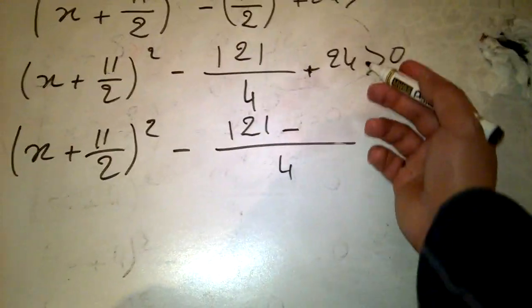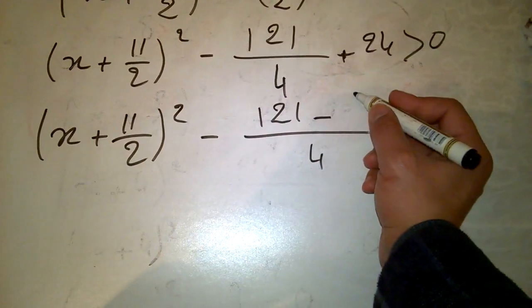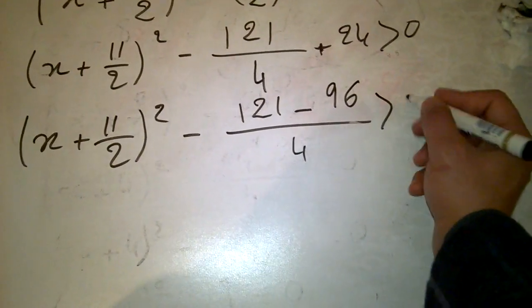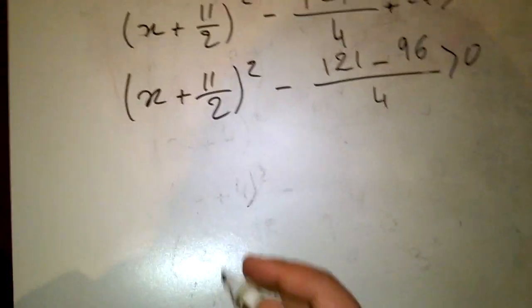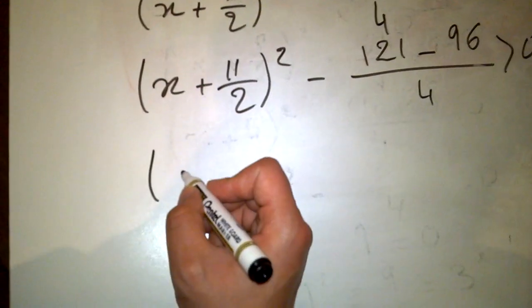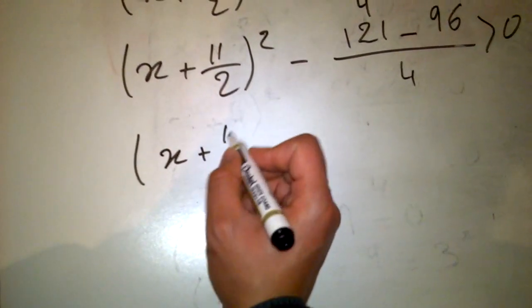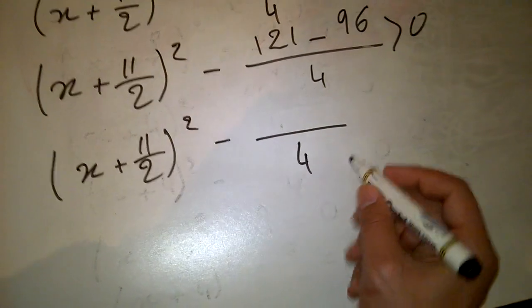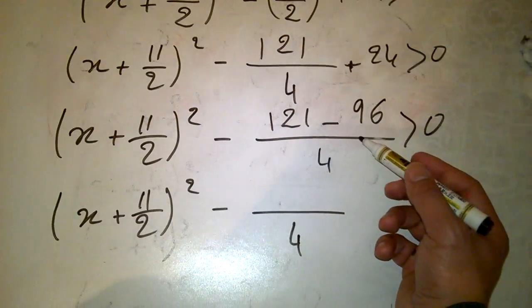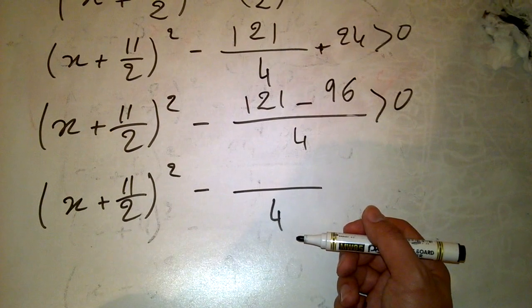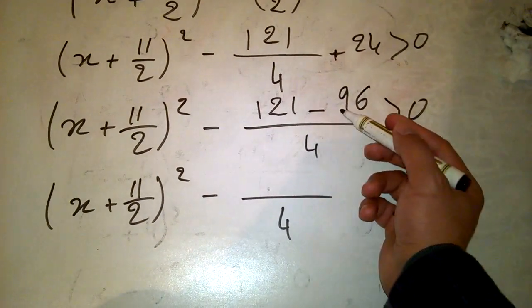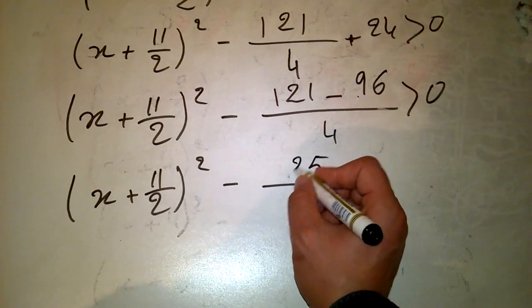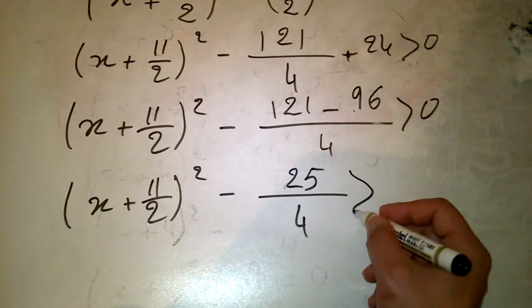So 24 times 4 is 96, greater than 0. Same here, x plus 11 over 2 squared minus 121 minus 96 is 25 over 4, greater than 0.